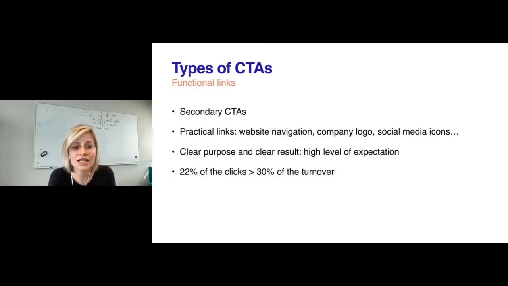For the functional links, those are links like a website navigation at the top of your email, a header or a company logo. They're essentially more practical links that give your readers direct access to where they want to be. If I click on a logo, I expect to be redirected to your homepage.